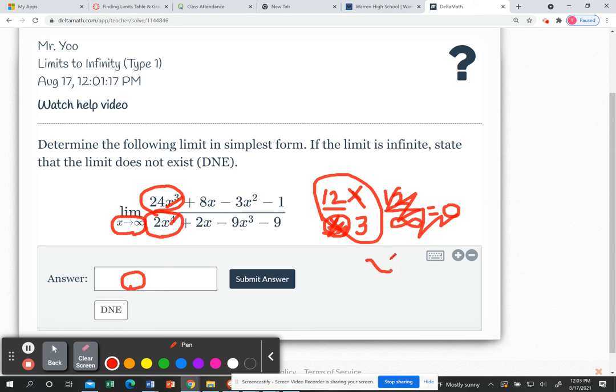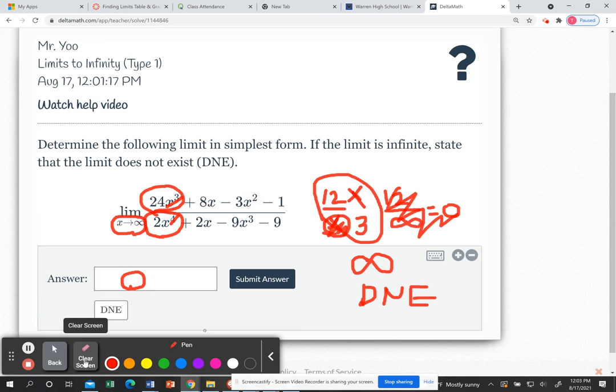This will be infinity, because 12 times infinity is an even bigger number, over 3. Does that make sense? Which is a very big number, which is infinity. However, like you said, infinity is actually DNE, because infinity doesn't have a distinct value. So you will put DNE for that.